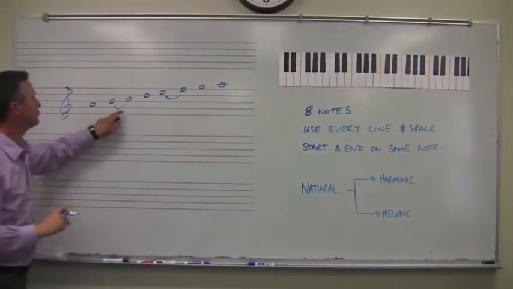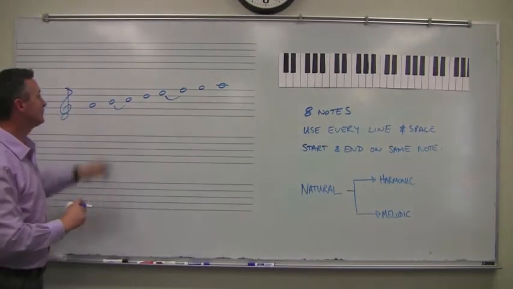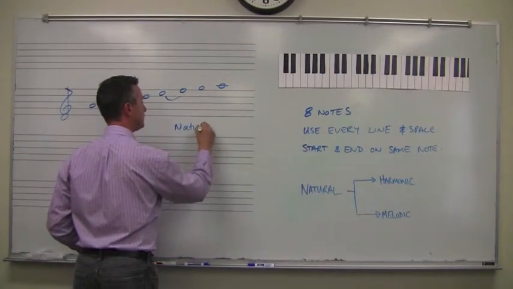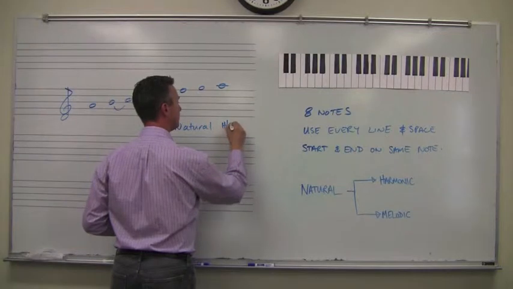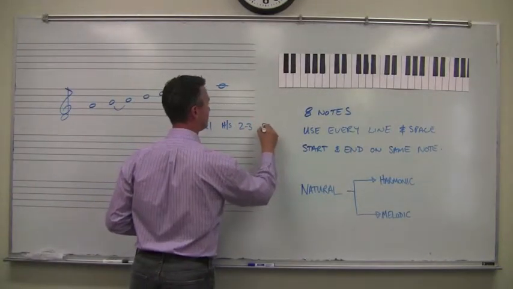Counting up 1, 2, 3, 4, 5, 6, 7, 8. So the half steps in the natural minor occur between 2 and 3 and 5 and 6.